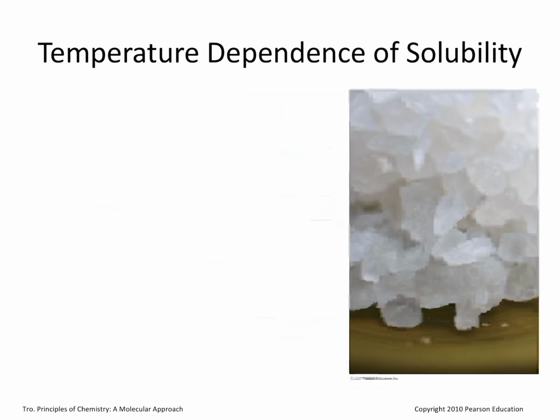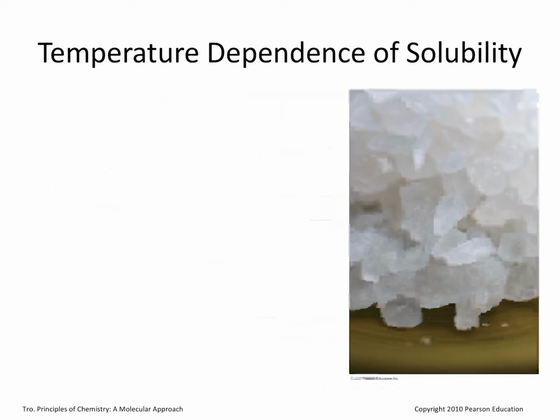Now, a common way to purify solids is through recrystallization. In this technique, enough solid is added to water or any other solvent to create a saturated solution at an elevated temperature. So again, you have a really, really high temperature. You're adding much more solid than a solution at room temperature could hold.